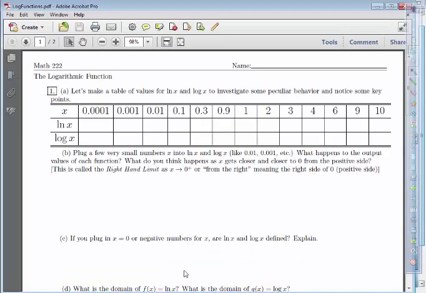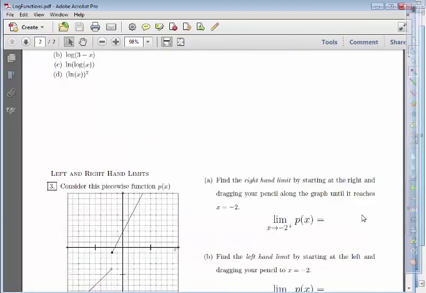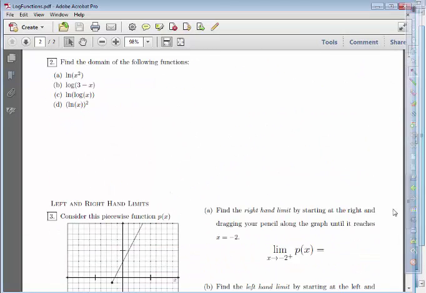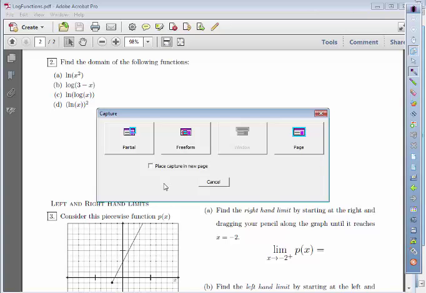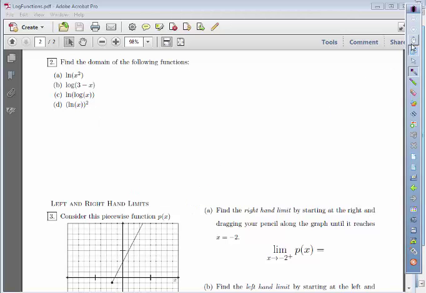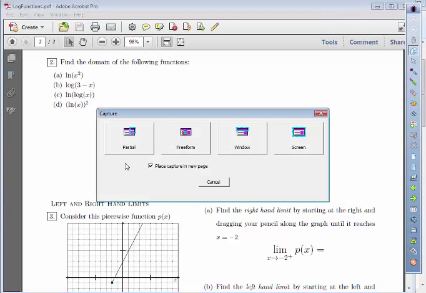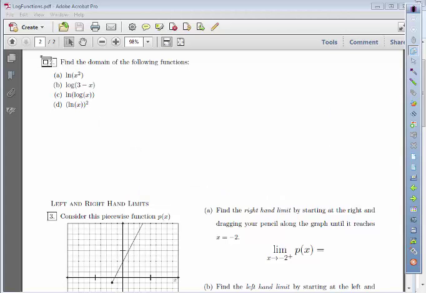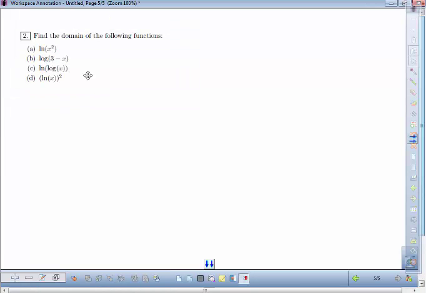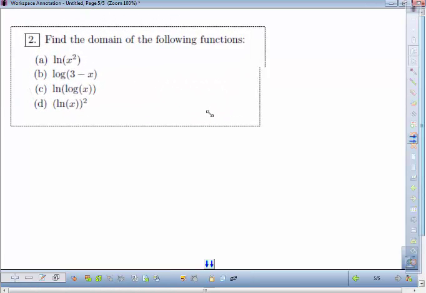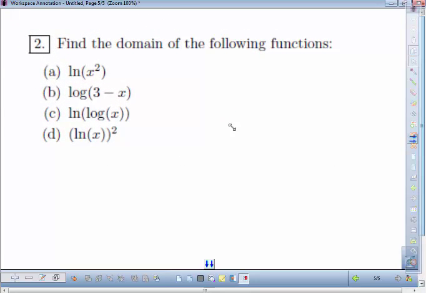So remember that the domain of the log function is what?